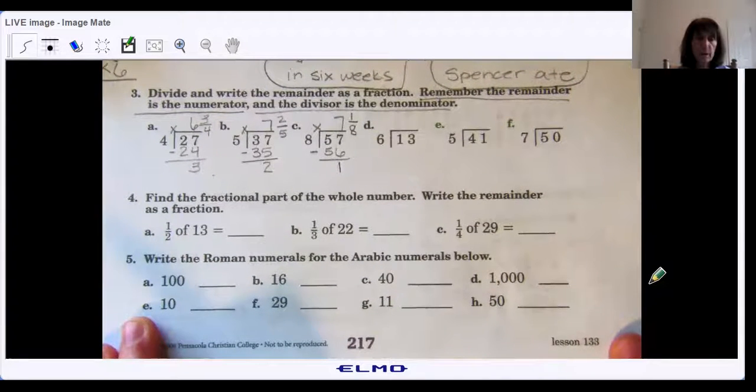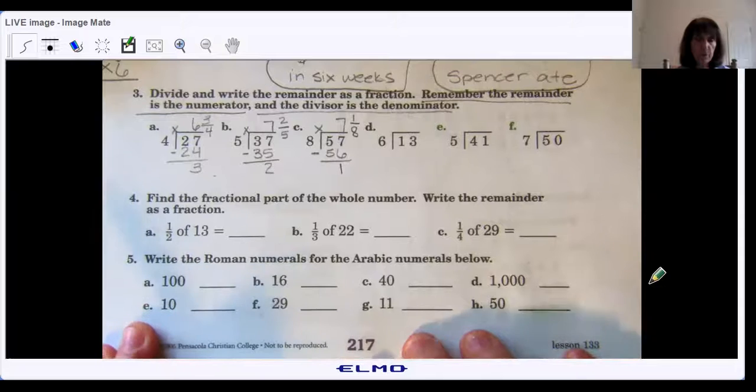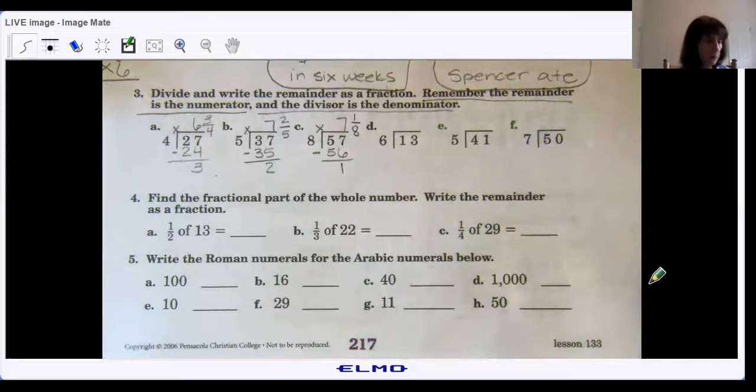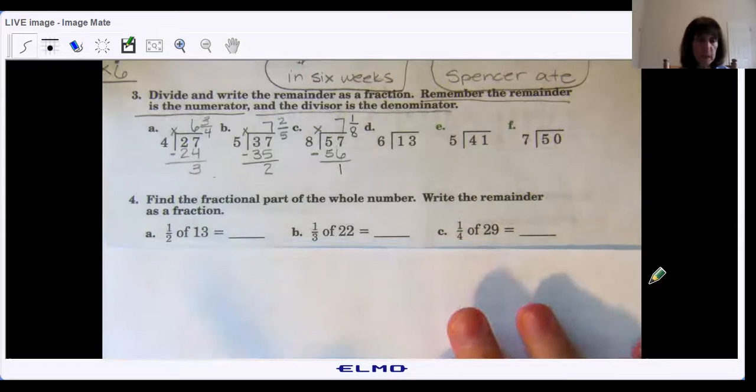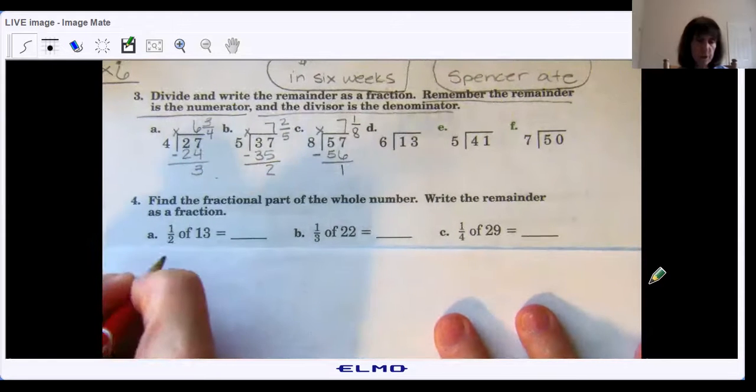Number 4, find the fractional part of a whole number. Write the remainder as a fraction. So you're going to have a mixed number. You're going to have a whole number and a fraction. Does everybody understand? We're going to take 1/2 of 13. That means we're going to divide 2 into 13.